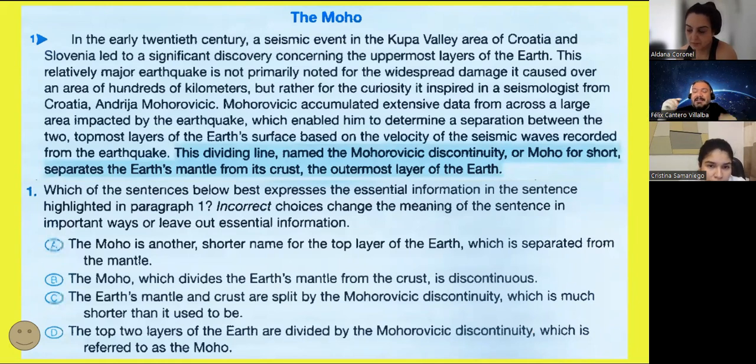But if it's discontinuous, it will mean that it's intermittent, and that is not the same information. And here, which is much shorter than it used to be. Where is this from? It's not part of that sentence. So therefore, D is the best answer.